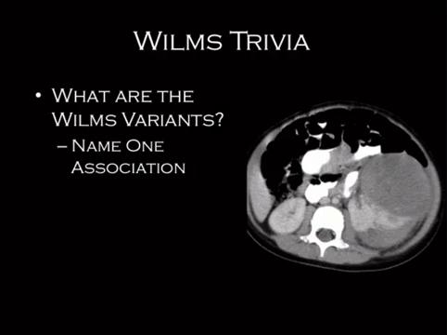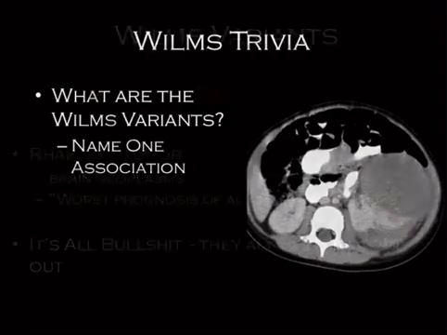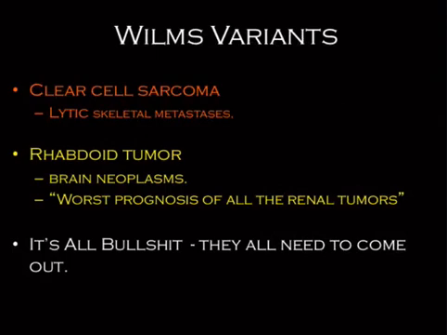Clear cell likes to go to bone, and rhabdoid has these rhabdoid brain tumors, which are devastating WHO grade 4 tumors that crush you, and they have a terrible prognosis, and therefore the rhabdoid tumor has the worst prognosis because it's associated with these brain neoplasms. It's basically a GBM. Now, it's all irrelevant because they all come out and you don't biopsy them, so distinguishing between them is irrelevant, but it's a pathologist's problem to tell the difference.